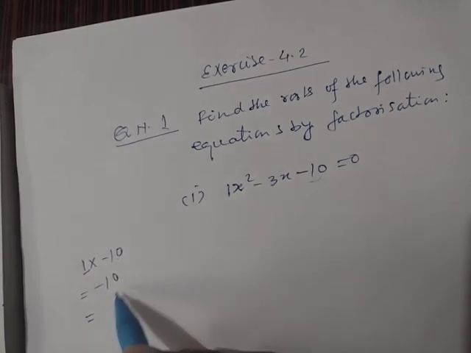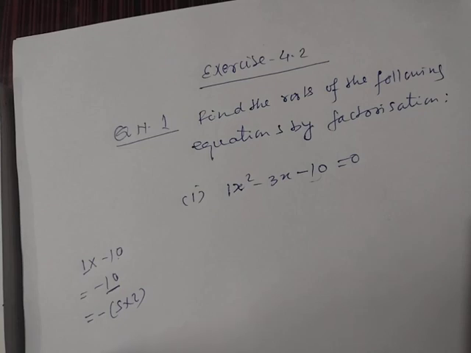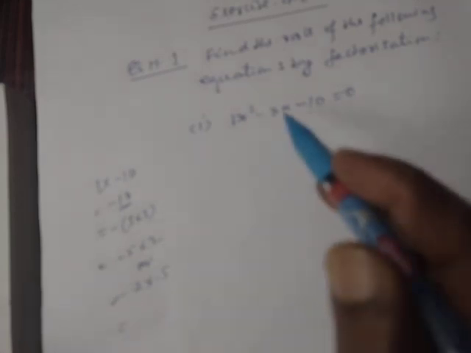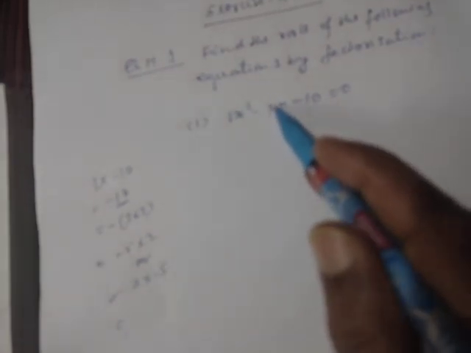Now, the factor of this 10 is 5 into 2. Okay. So, you can write it as minus 5 into 2 or 2 into minus 5. Okay. So, you have to bring the middle term minus 3 by using this.